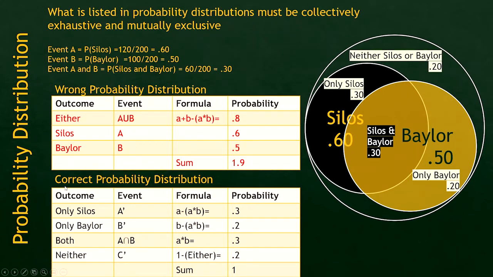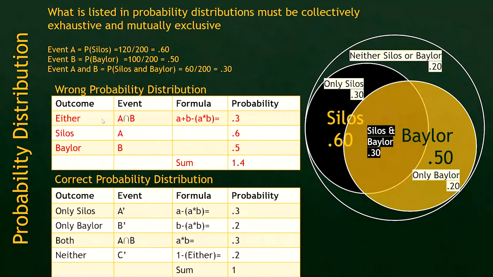Even if you were to change this and put a union there instead, let's do this. What's the probability of this? 0.3. Let's see here. 1.4.